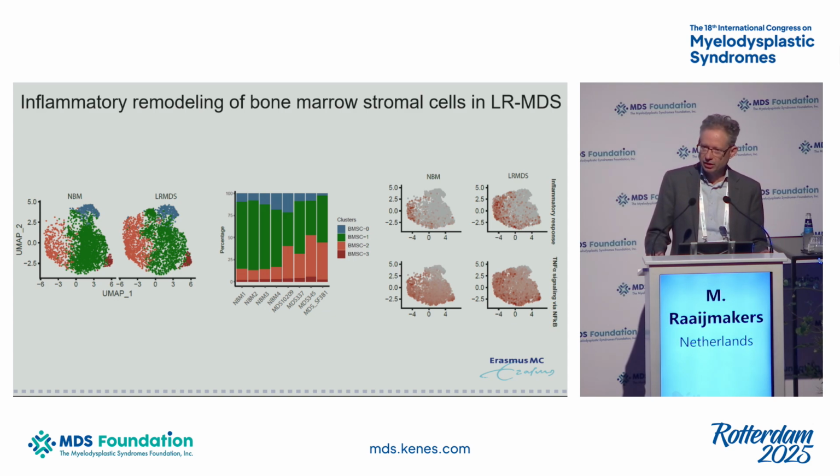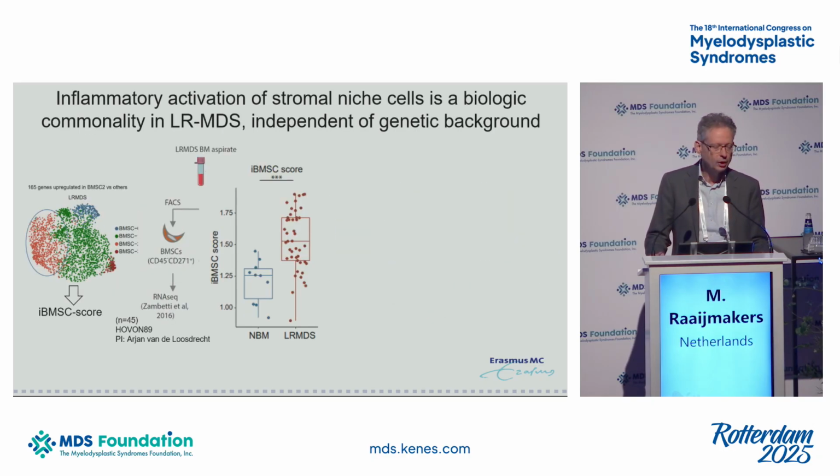Now, is this then common in low risk MDS, or is this restricted? Again, this is only data of 5 patients. So what we did there is calculate a score that reflects the amount of inflammation in stromal cells by looking at the differentially expressed genes in this inflammatory cluster.